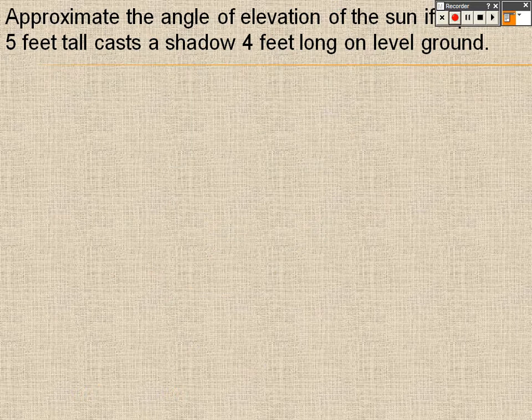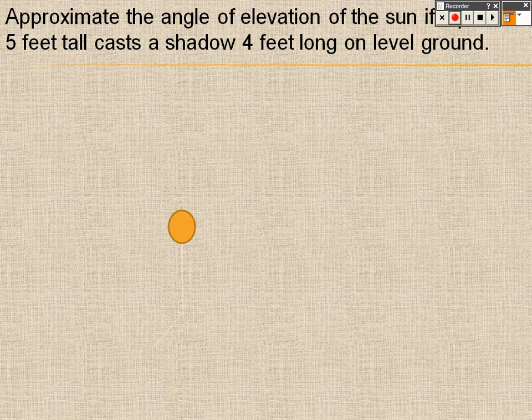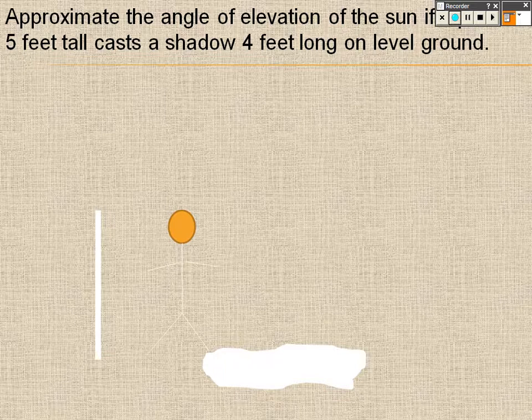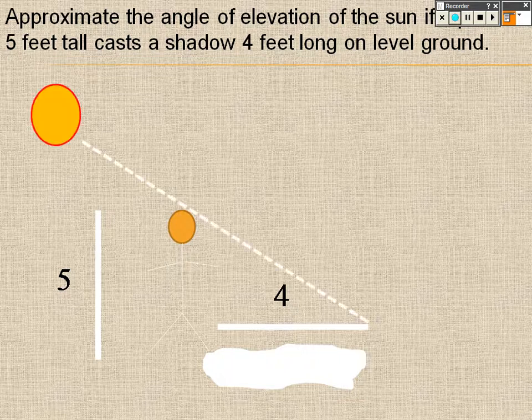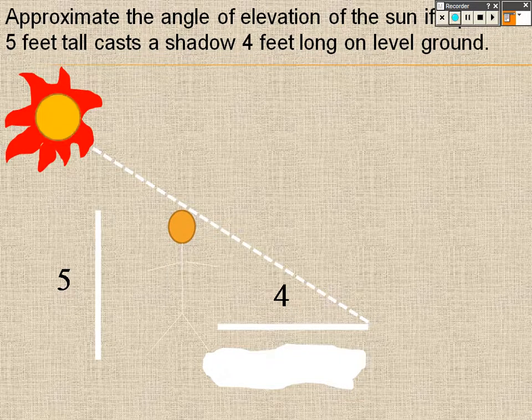Approximate the angle of elevation of the sun. So here is the person and their shadow. I know it kind of looks wrong, but it's supposed to be a shadow. 5 feet tall and 4 feet long on the ground. And there's the sun.